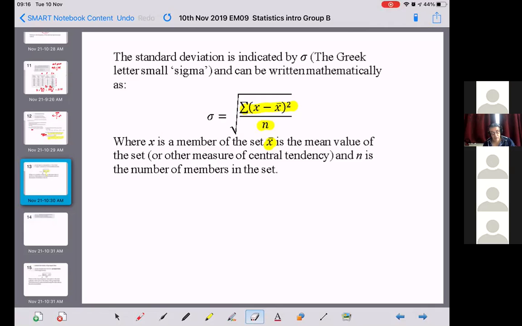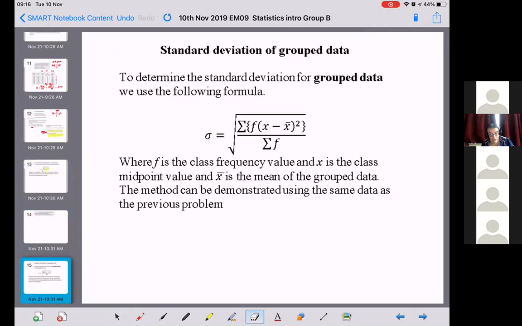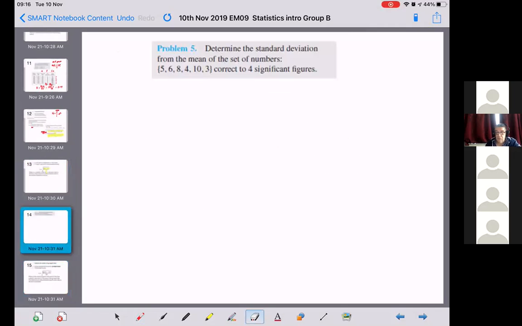Okay, just going to look ahead a bit for a minute. We're going to look at this example, and do it step by step. The first thing we need to do is find the mean.